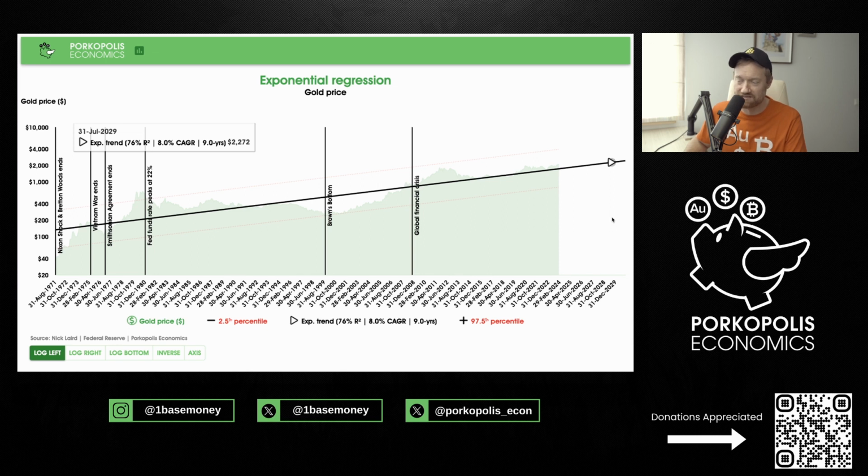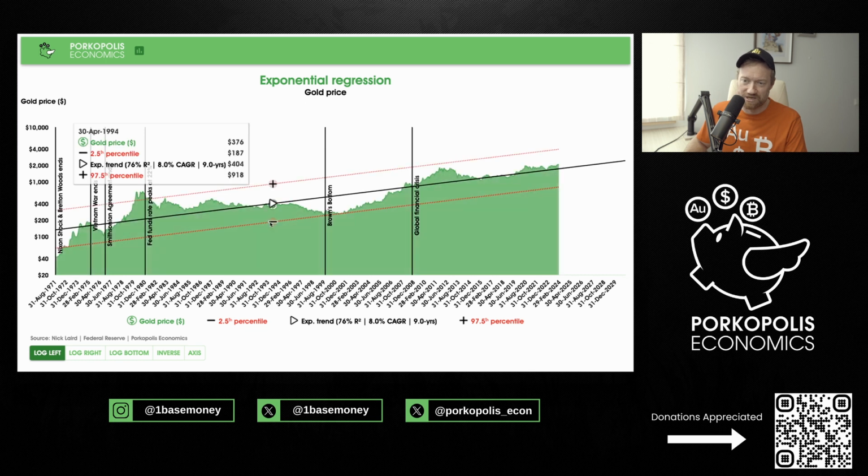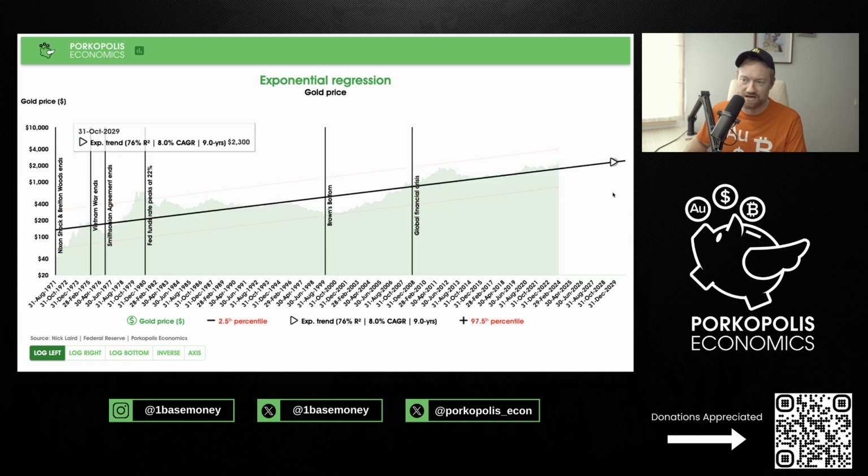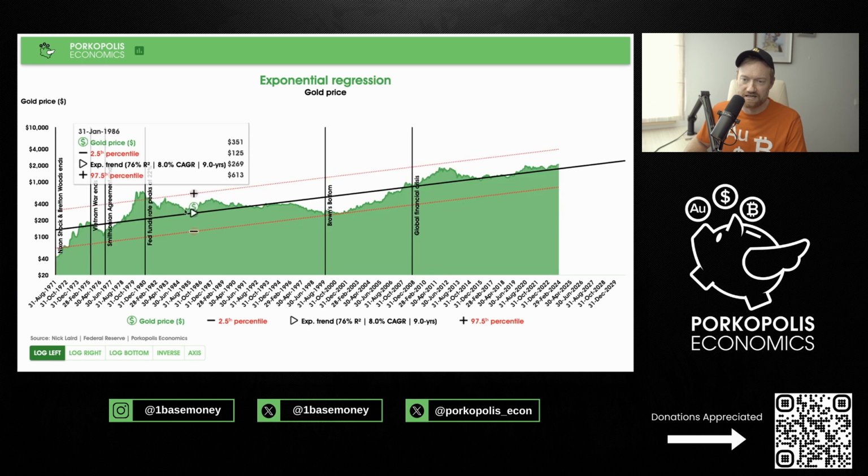It's not a hard and fast prediction. But you can see, it'd be pretty rare to be outside these red bands as we continue out into the future. So there it is, gold over the last 50-plus years: 8% per year, doubles every 9 years.